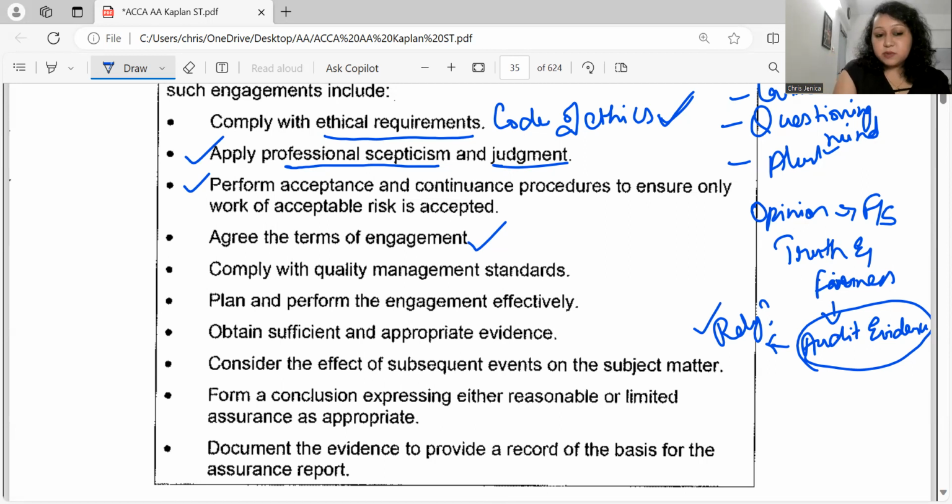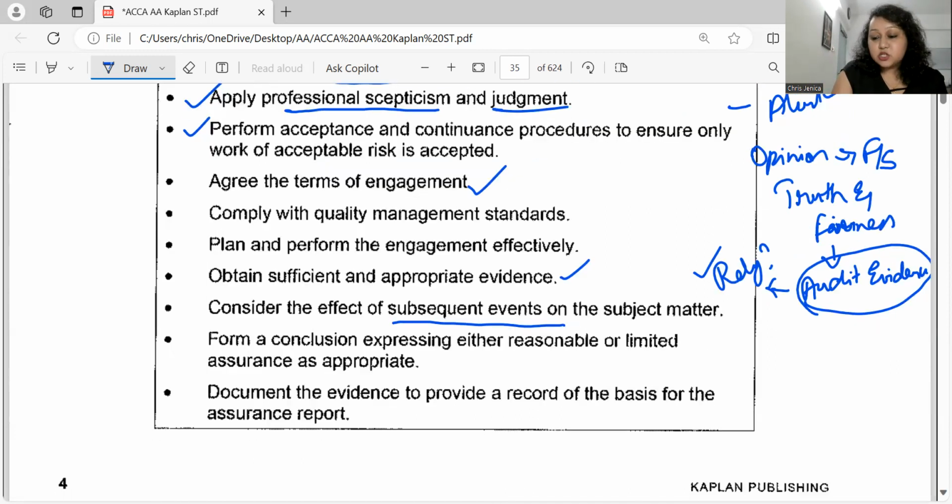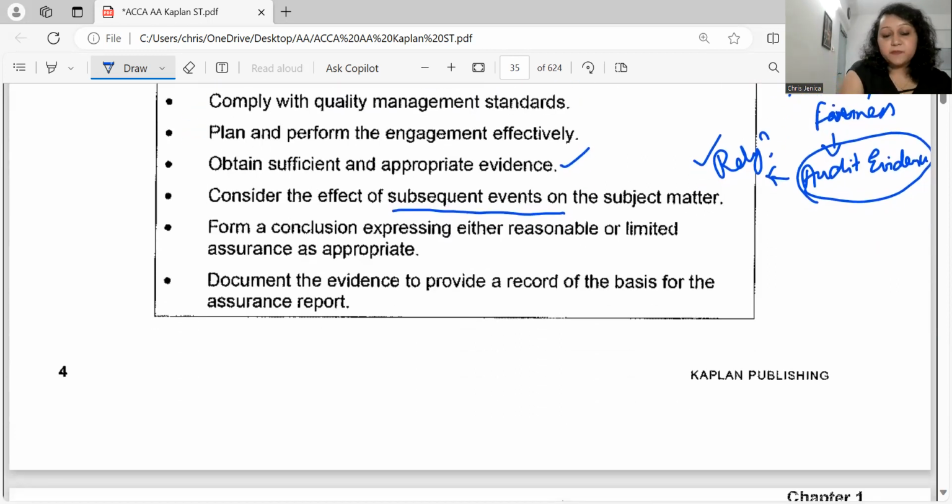Then, as we have discussed, we will be planning and performing the engagement. You will be obtaining evidence. Okay. Now, consider the effect of subsequent events on the subject matter. I'll just tell you in short what subsequent events are. For example, financial statements have been prepared for the year ended December 31. Now, these financial statements are going to be approved on, say, 10th Jan.